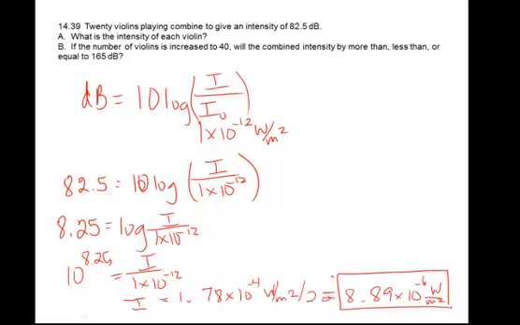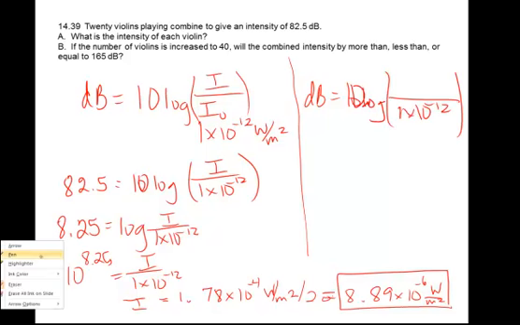Alright, then part B says if the number of violins was increased to 40, will the intensity be more, less than, or equal to 165? So I'm going to have to find the decibels if I have 40 violins. Alright, so 8.89 times 10 to the negative 6.